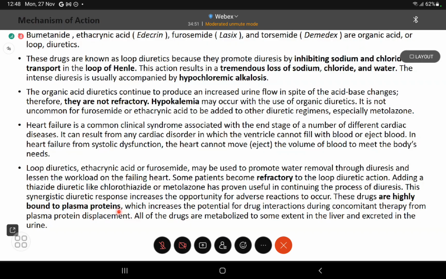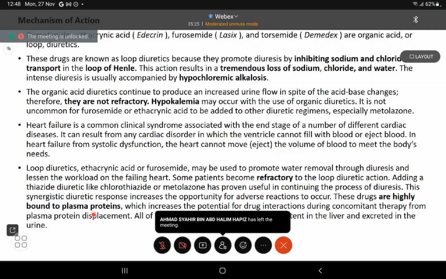If you use two types of drugs together, the ability of the drugs to combine with plasma protein might be different. One might be a competitor with another one. So if you take these drugs together, sometimes it may cause competition, and that's why the activity might be lost. The activity is mainly due to the ability of bonding to plasma protein.